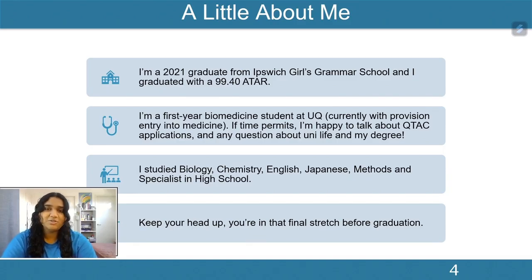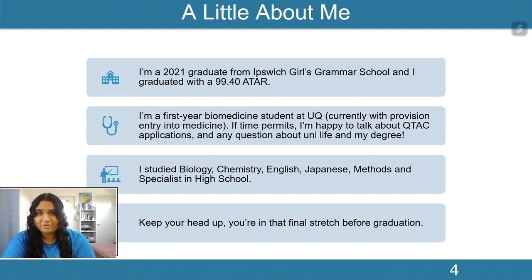So if you do have any questions about uni life, uni application, QTAC, any of that sort of thing, I'm happy to answer. Just use the chat box down below. During grade 12, I studied biology, chemistry, English, Japanese, methods, and specialist. I like to tell people that I did 2 languages, 2 maths, and 2 sciences.